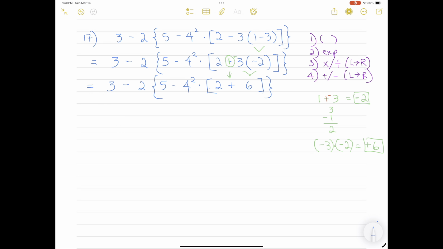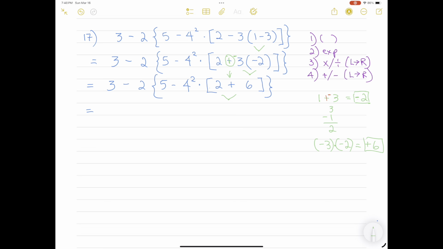So again, nothing has changed except for the simplification of negative 2 times negative 3 in the line. Now I need to simplify within the brackets 2 plus 6, which equals 8. I write that on the line below.